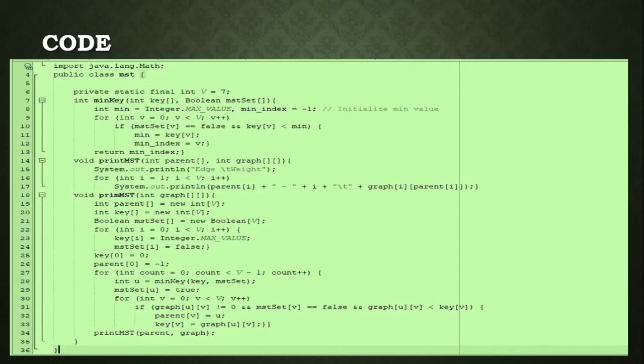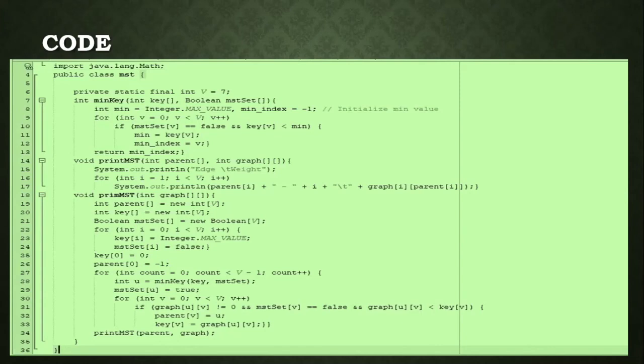So at first, for initializing, we're going to do a loop for I equal to 0, I less than V. I less than V means we took 7 vertices, so it will go to 7. It's going to scan all the 7 and put the numbers there to initialize all the values of weight.